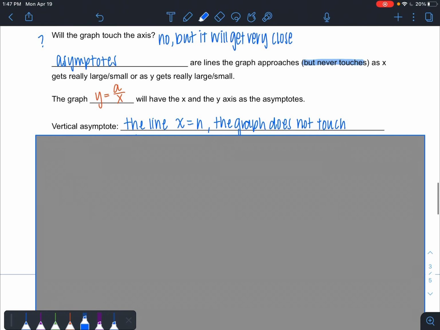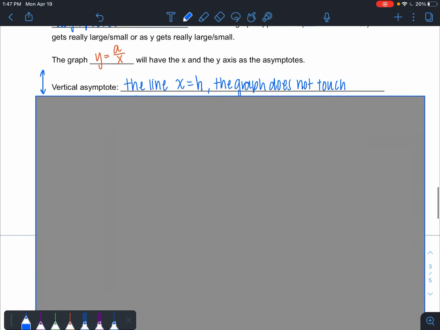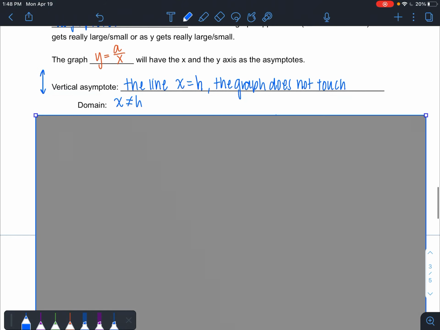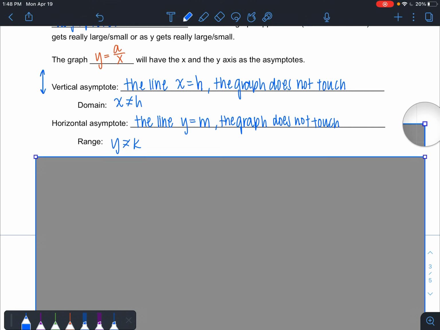Okay, we have this thing called a vertical asymptote, and it'll look like this. And it's the line x equals h. That looks like an n, but it should be an h. And the graph is not going to touch that. Or we have a horizontal asymptote, which would look like so. It's just a horizontal line.